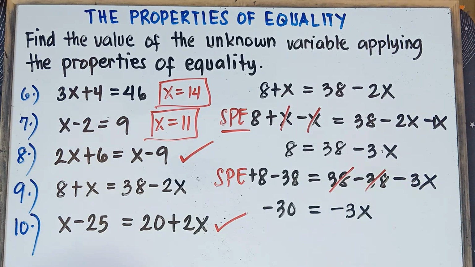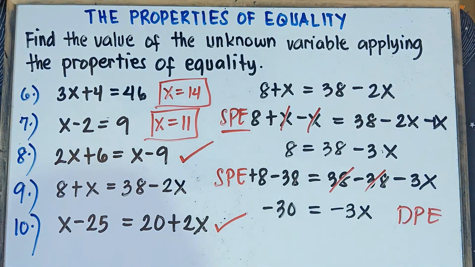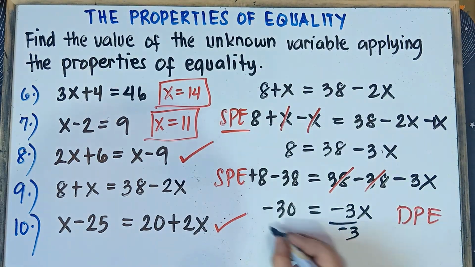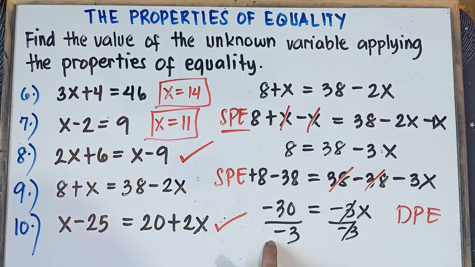And then last one, class, to get the value of x, we apply division property of equality. We divide both sides by negative 3, and then simply cancel this out. Now, negative 30 divided by negative 3. Negative divided by negative would be positive.